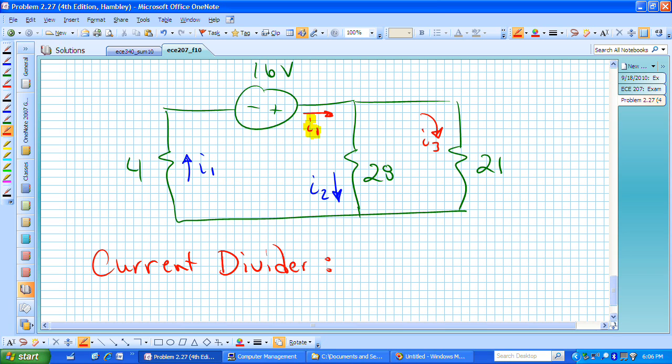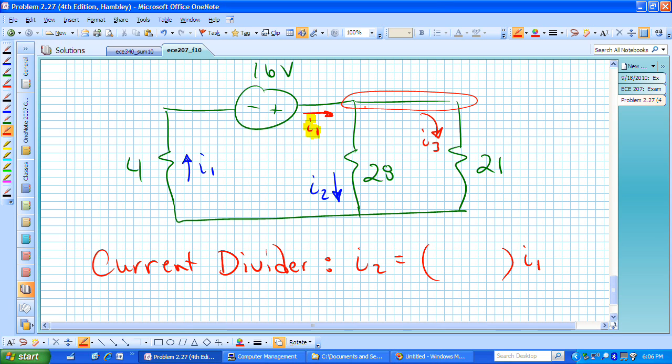And we know that I sub 2, consequently, better be less than I sub 1. From the current divider, we know that I sub 2 is going to be some fraction of the total current, I1, coming in to this particular node and gets split between 28 and 21.